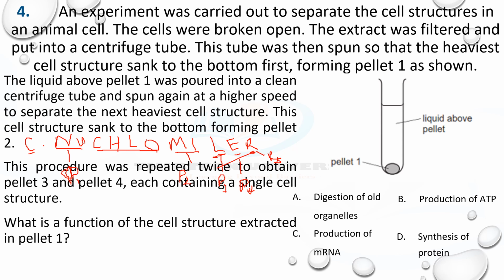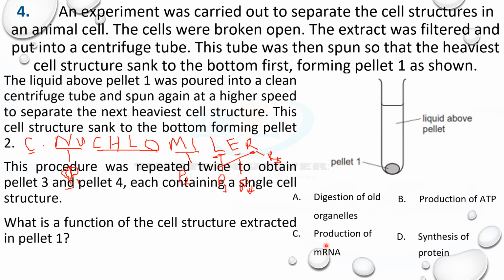So pellet 1 is nucleus, and they're asking us for its function. A says digestion of old organelles. This is for lysosome. B says production of ATP. This is for mitochondria, and of course chloroplast; they both make ATP. C says production of messenger RNA.